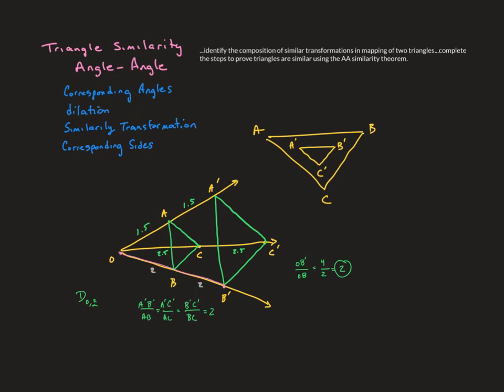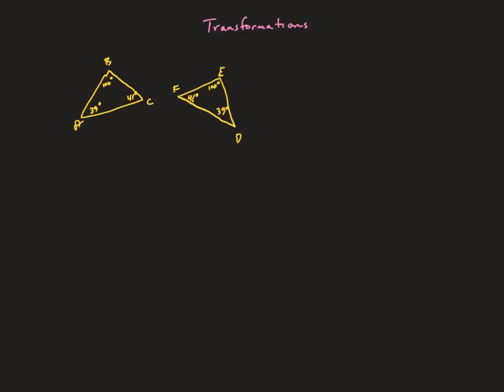So as we move on here. Okay, and then watching for transformations or the sequence of transformations. We want to know here, say, can we map triangle ABC to triangle DEF using a sequence of transformations? And I do believe that the answer would be yes.